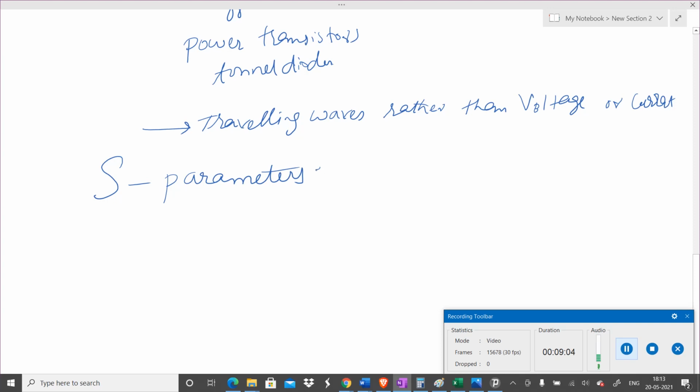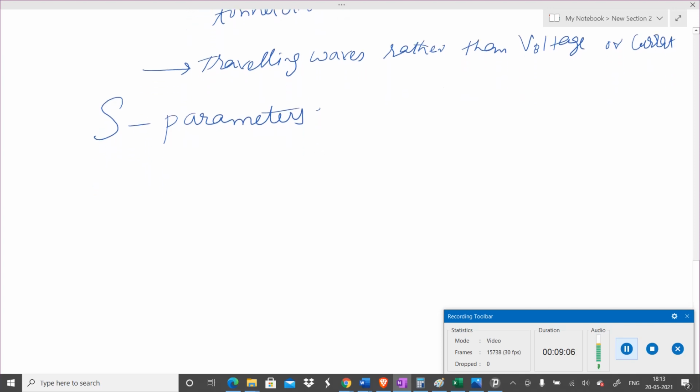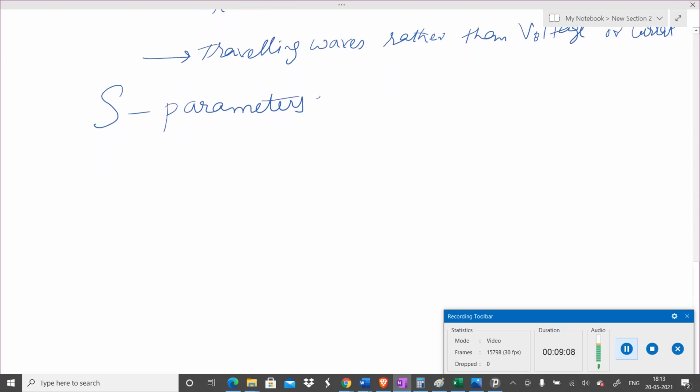As an example, let me show a two-port network for microwave. It can be anything. It can be what I have shown you, that it can be E plane T, it can be H plane T, it can be magic T, or any other microwave hybrid device.